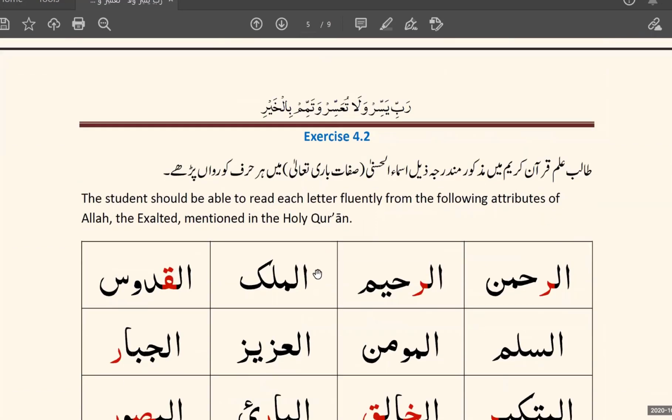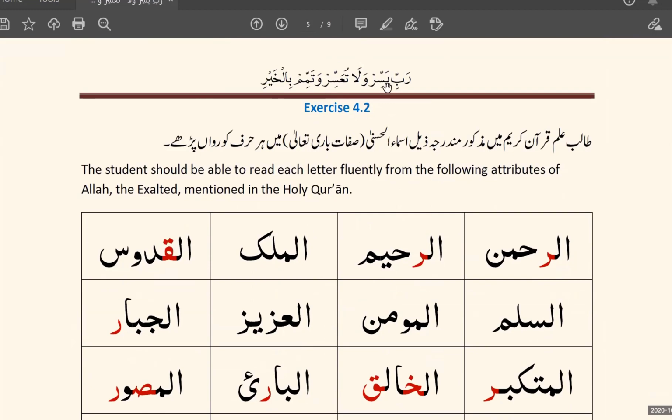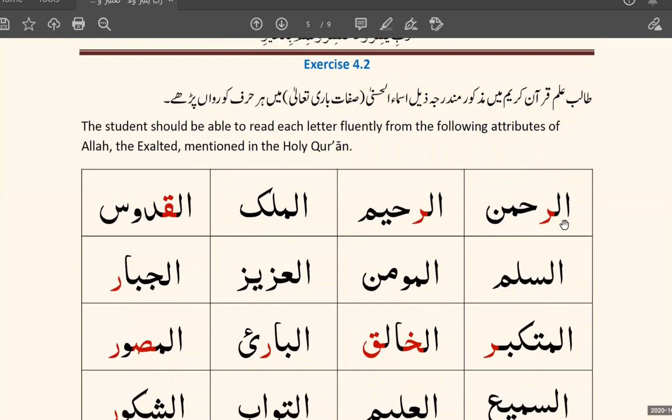The student G720, please. Bismillahirrahmanirrahim. Alif, Lam, Ra, Ha, Mim, Noon, Alif, Lam, Ra, Ha, Ya, Mim, Alif, Lam, Mim, Lam, Kaf, Alif, Lam, Qaf, Dal, Waw, Sin.